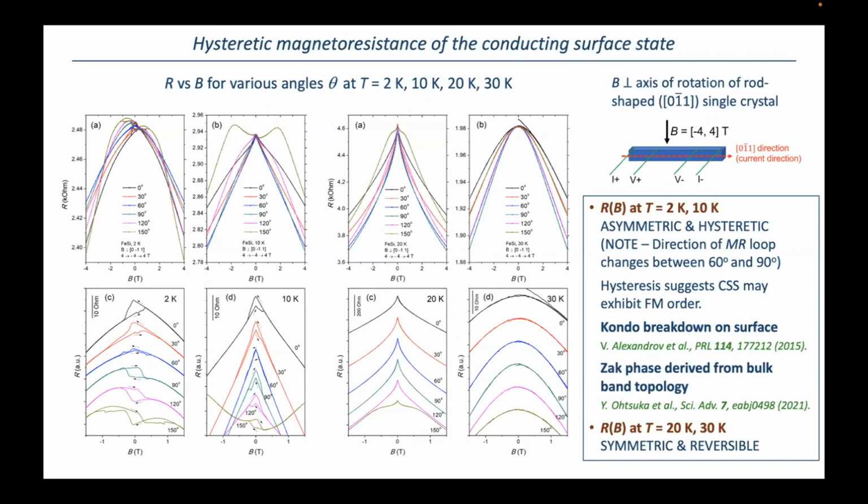Now, here is the hysteretic magnetoresistance of the conducting surface state. This is a little complicated, so let me just try to explain it. Again, we have this configuration that I just showed you, and these measurements are made between -4 and +4 Tesla, and the rotation of the crystal is around its axis like this. That's the angle theta, and what are plotted here are these angular-dependent magnetoresistance plots.